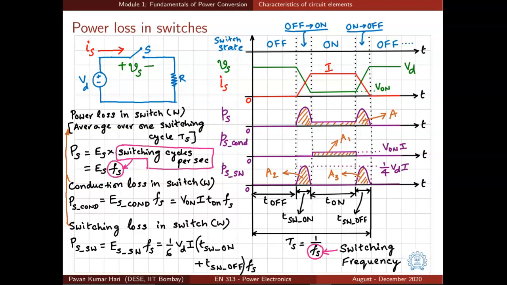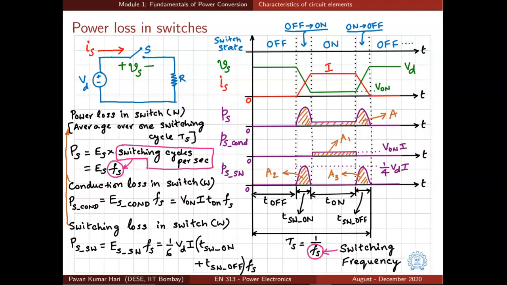So the conduction loss in a switch depends upon the on state voltage Von, the on state current I, and Ton divided by Ts. Ton multiplied by Fs is the same as Ton divided by Ts. This Ton divided by Ts is the ratio of the on time to the total cycle time, so that is popularly known as the duty ratio.